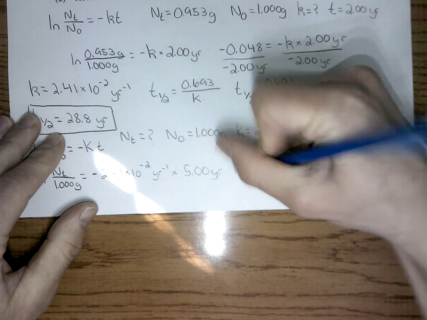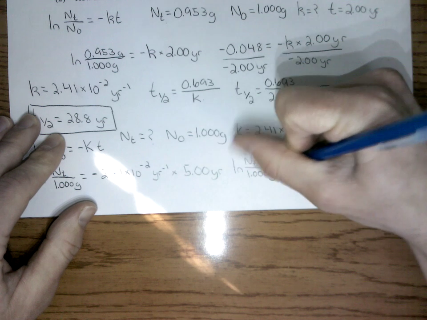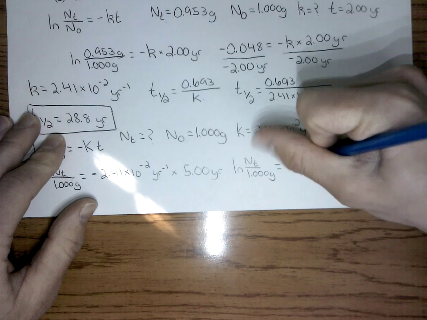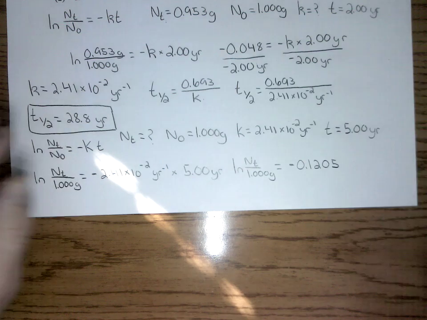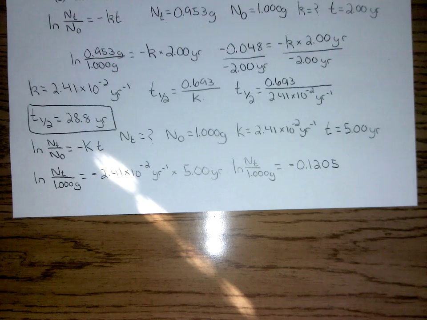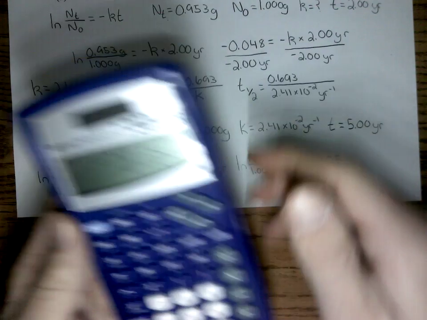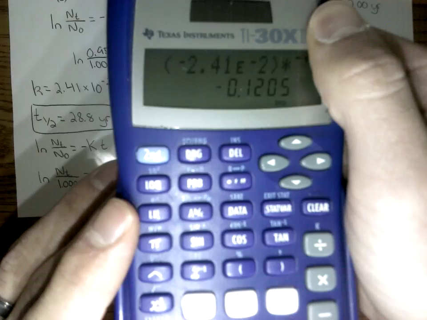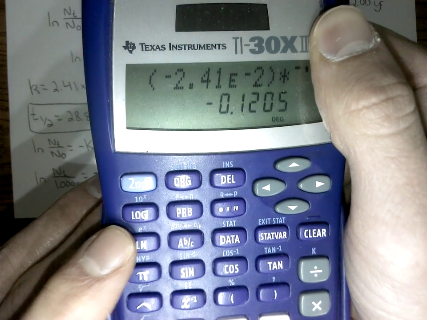Okay, and again, I'm going to write this down and then explain it. Natural log of NT over 1.00 grams is equal to negative 0.1205. Now, what I am going to do is this. I don't like dealing with the natural log business, so if you check it out on your scientific calculator, it's really nice here. The inverse of natural log is this e to the x button.